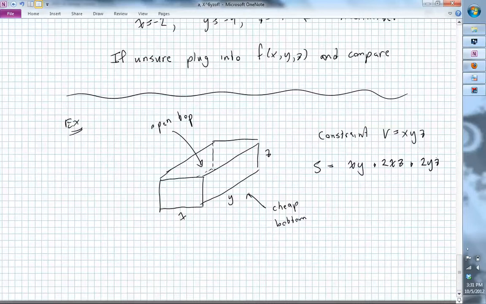Instead of surface area, do price, and then multiply the bits of the equation that are for the sides by 2, so that the price is as expensive as the bits for the bottom. Or I could just put a half there. Okay, so you can put a half there, or you can put a 1 there and put 4s on the other one. I'm going to put a half there.